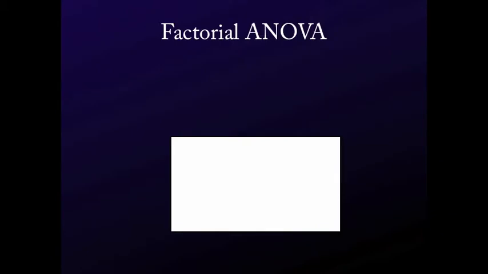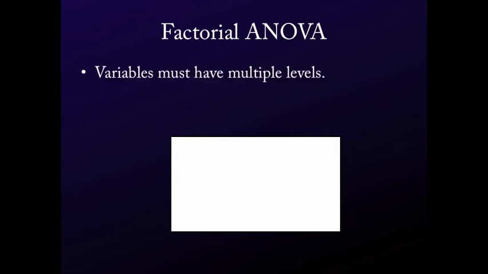Okay, as I mentioned before, Factorial ANOVA is great because it allows you to look at what's called an interaction. Now, an interaction should be thought of as basically when the effect of one variable depends upon the level of the other variable, right? So a classic example of this, a very easy way to think about it, sort of a canonical example, would be birth control pills, right?